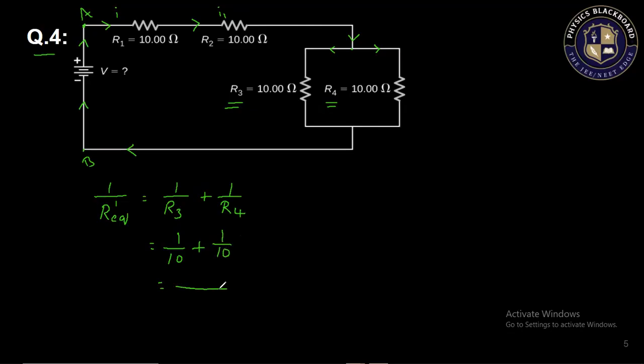As the denominator is the same, I'm just adding the numerators: 2 by 10. 2 ones are, 2 fives are, that is 1 by 5. So 1 by R dash equivalent is equal to 1 by 5. Taking the reciprocal, you will get 5 ohms. 5 ohms is the equivalent resistance.